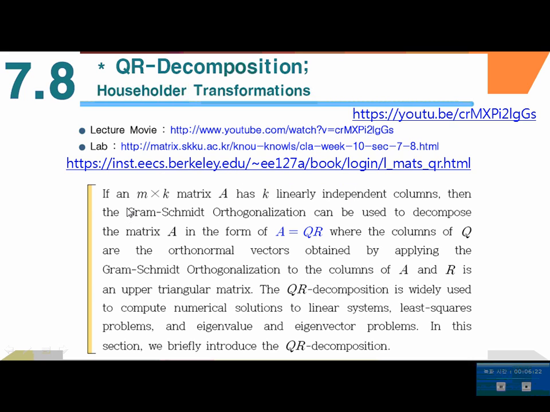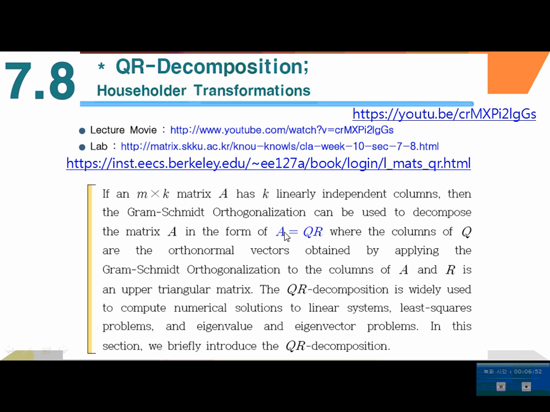Okay, anyway, if an M by K matrix A has K linearly independent columns, then the Gram-Schmidt orthogonalization process can be used to decompose the matrix A in the form A equals QR, where the columns of Q are the orthonormal vectors obtained by applying the Gram-Schmidt orthogonalization to the columns of A, okay? And R is an upper triangular matrix.